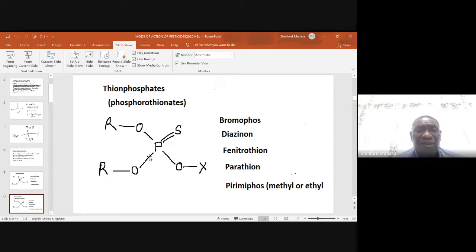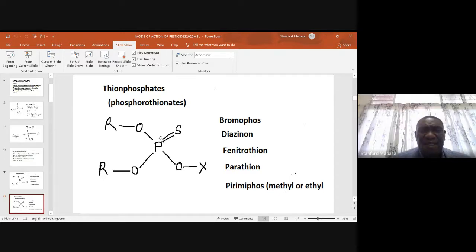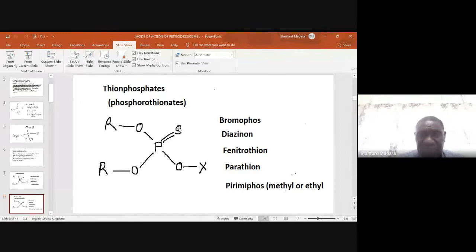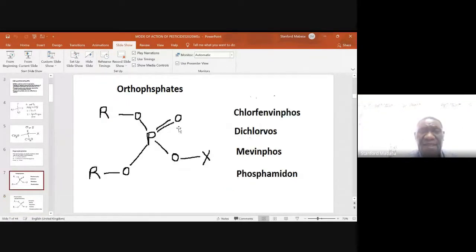We also have what are known as the thione phosphates, or phosphorothionates, or simply thione phosphates. The difference is this S. We have the orthophosphate.